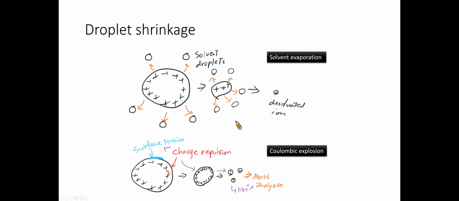Now that the charged droplets have been released from the spraying nozzle, they are accelerated towards the counter-electrode. Shrinkage of the droplets results from a combination of two factors: solvent evaporation and droplet disintegration by Coulombic explosions.